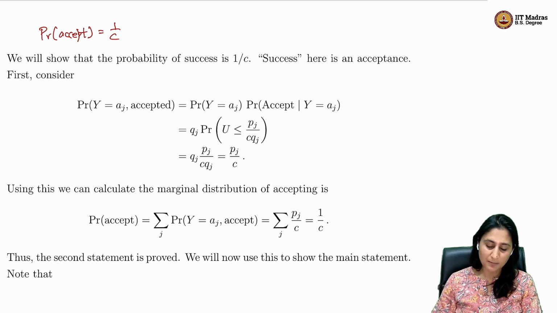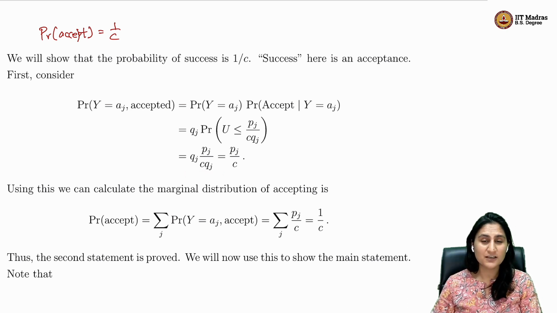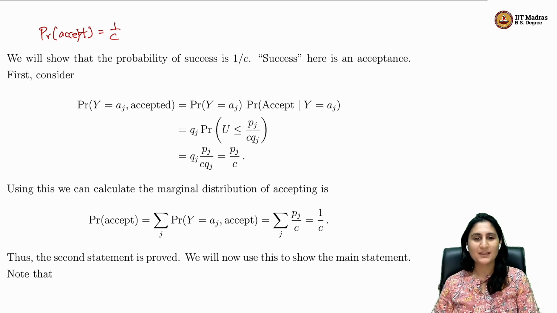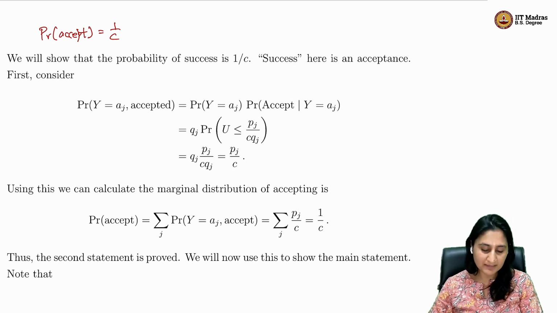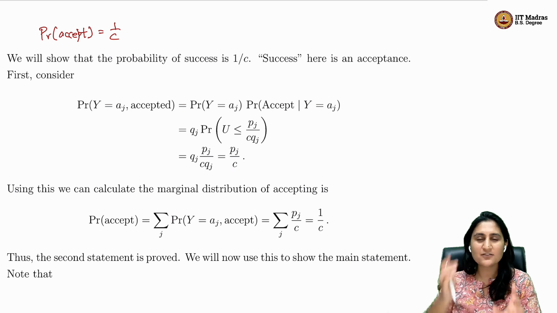So this is nothing but Pj by C Qj. Now the Qj's get cancelled, and this becomes Pj by C. So the probability of proposing a value AJ and accepting it is equal to Pj by C.